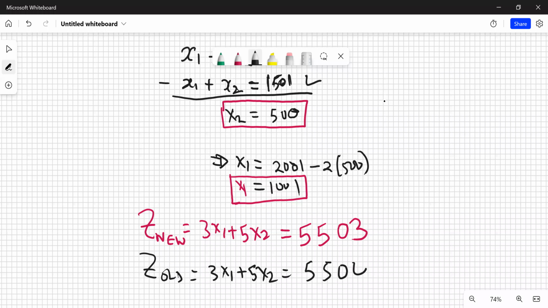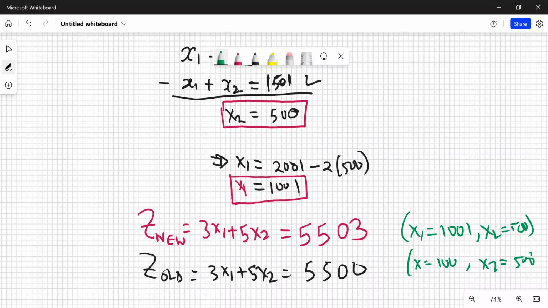This is the old one and the new one. So this one is using x1 is 1001 and x2 is 500, and this one was using x1 is 1000 and x2 is 500.